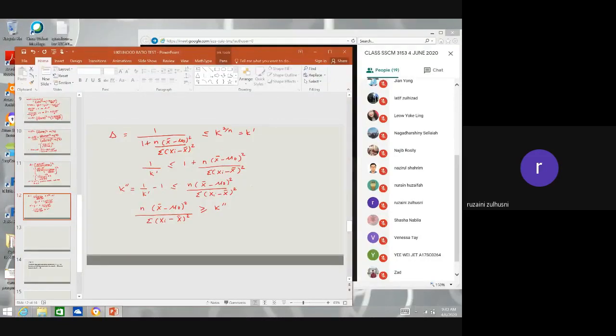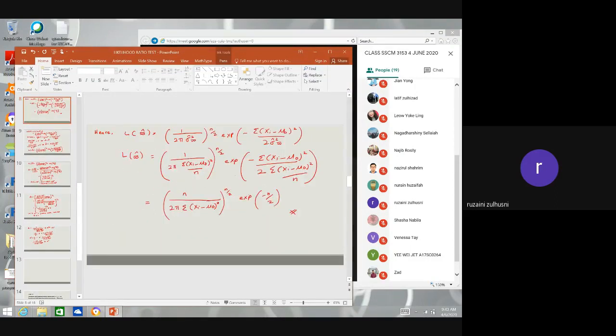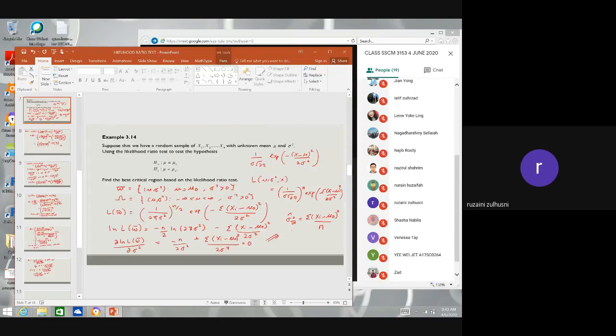Okay. Yes, we go back a little bit so that you don't get lost. Okay, first, again, we will have your density function. Okay, we check your null and your alternative. Now you have unknown mean, unknown sigma square. So in your small omega, you have parameters mu and sigma square, but the restriction is only on your null hypothesis where we have mu equals to mu naught. So sigma square can be anything, which is sigma square greater than 0.